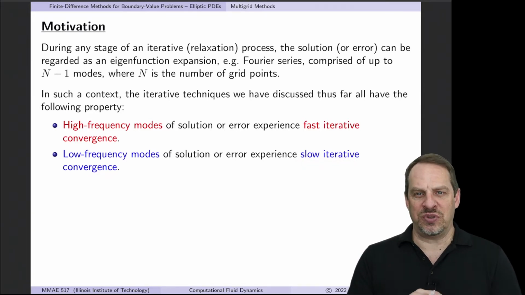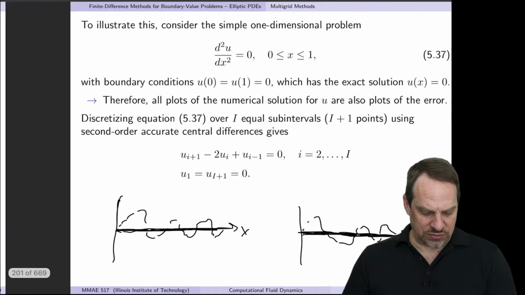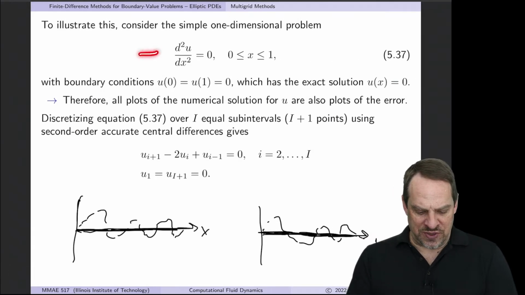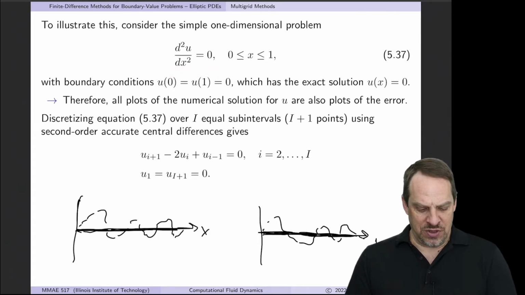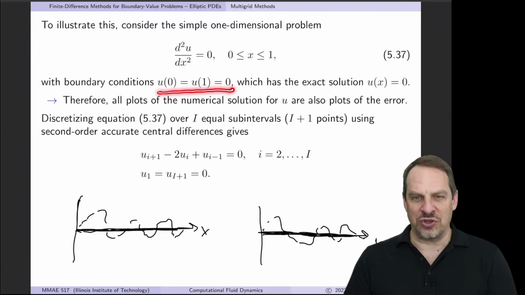So I'll show you examples of this, and then by recognizing this, we can devise a numerical method, the multigrid method, that takes advantage of this property. So we're going to take a really simple example. We're going to take a second order differential equation, d squared u dx squared is equal to 0. The boundary conditions are going to be homogeneous, so u at 0 is 0 and u at 1 is 0.